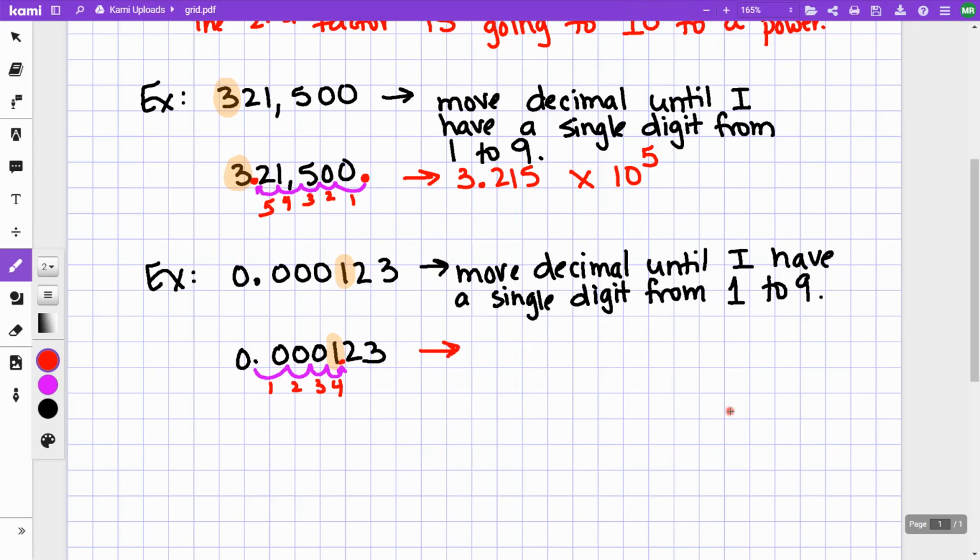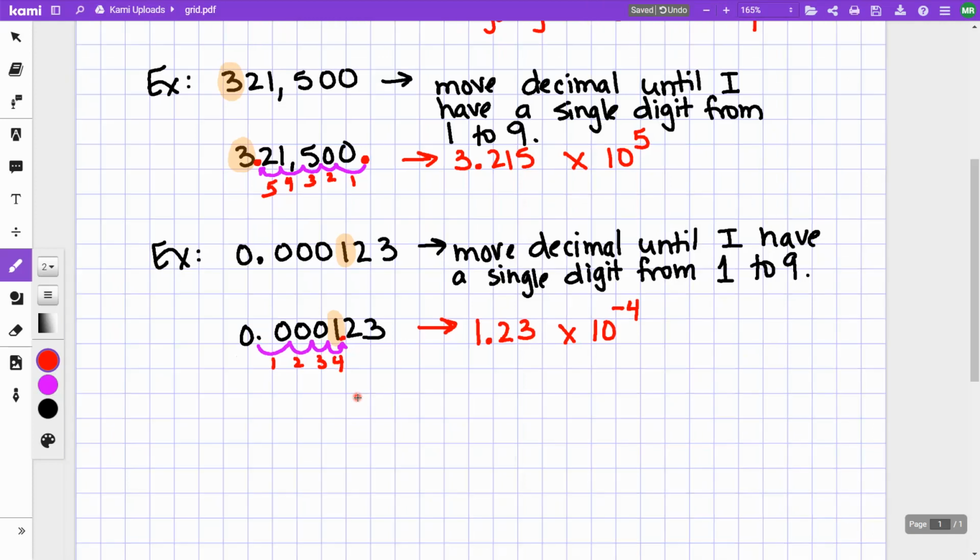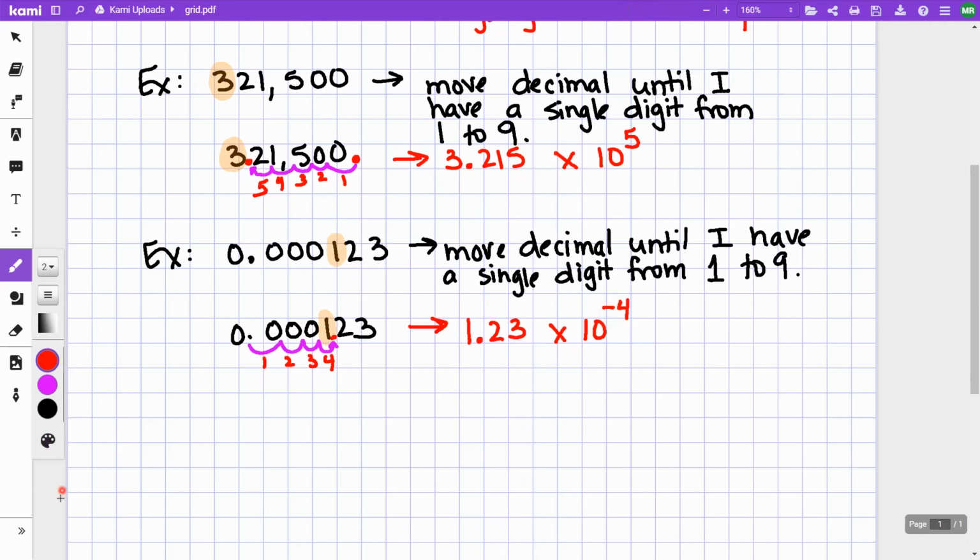So I'm going to write this number as 1.23 times 10. And since this number is a really, really small number, instead of raising it to a positive 4, I'm going to raise it to a negative 4 because I'm moving the decimal in the opposite direction.